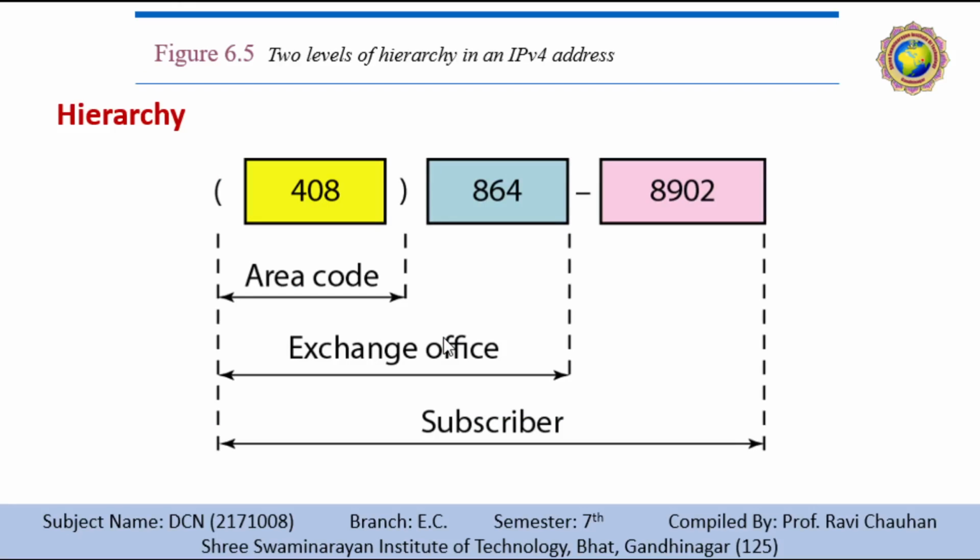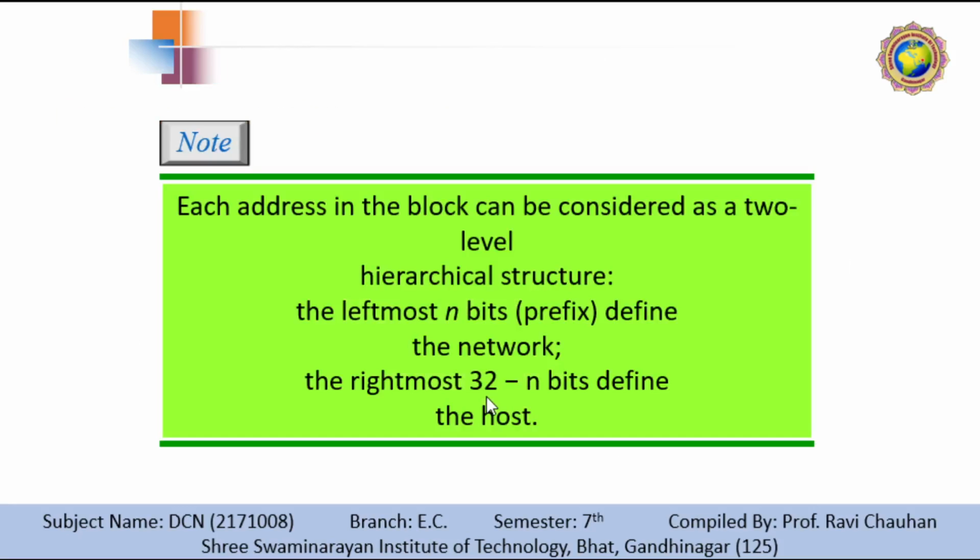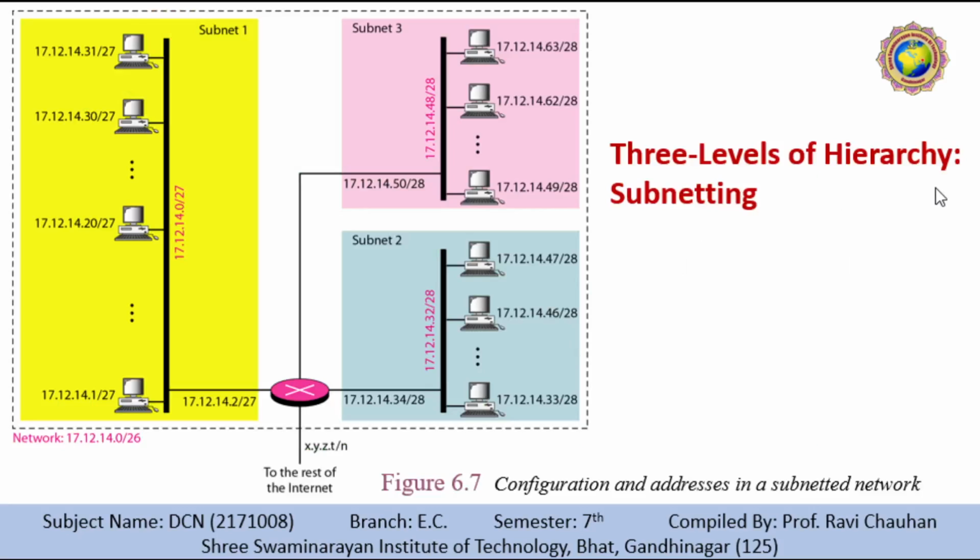Then we discussed the hierarchical levels. It is a hierarchy like that of telephone numbers. It is a 2-level hierarchy, prefix and suffix. And then we discussed a 3-level hierarchy with the subnetting concept.